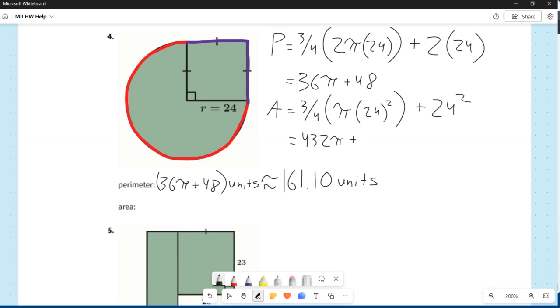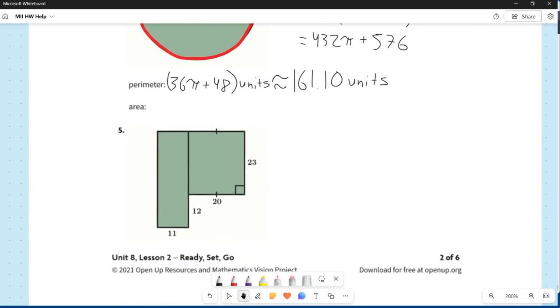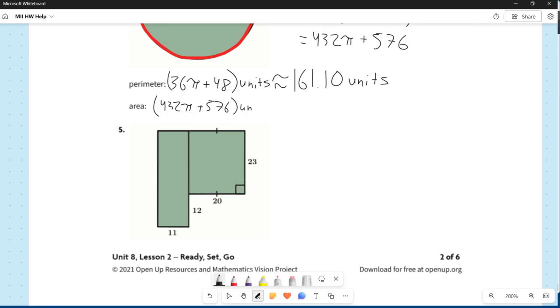If you type it into your calculator, you get 576. So my area is 432 pi plus 576. Sorry, this is area, so now we're talking about square units.